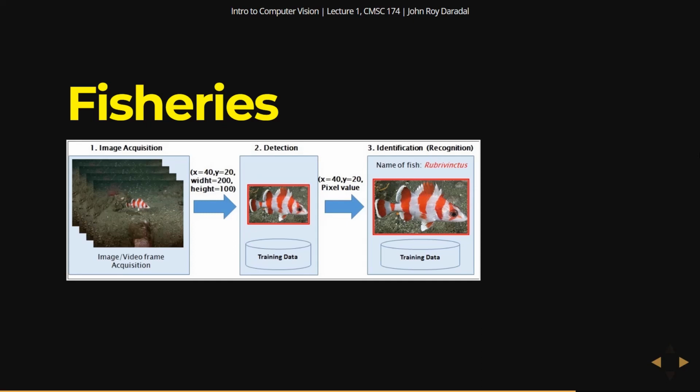Then we would take the camera out, and for processing we would detect the fishes and recognize their species. So we could count that there are, let's say, 20 tilapias or 30, I don't know, bangus or whatever type of fish that was. So basically like a census of fish underwater. Yeah, so it's also applicable there.